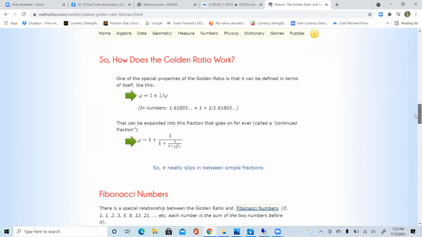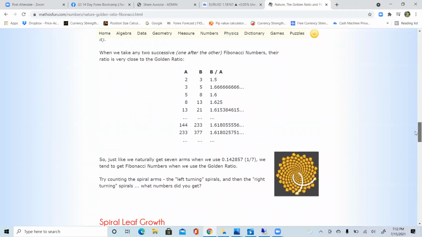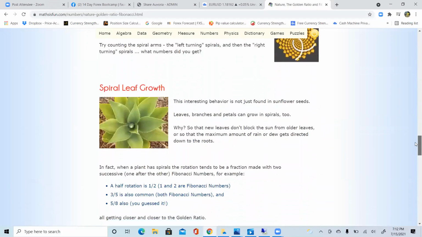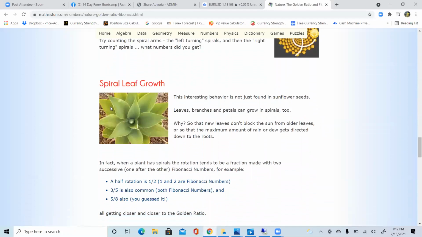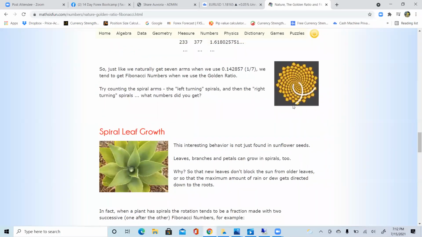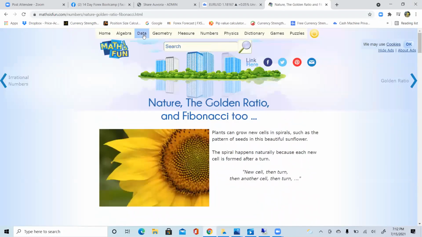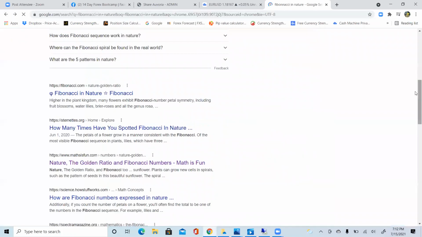It's such a golden ratio because there's a lot of different calculations that equal out to that same ratio. So in nature, the leaves grow in a Fibonacci way. The rose petals, hurricanes.